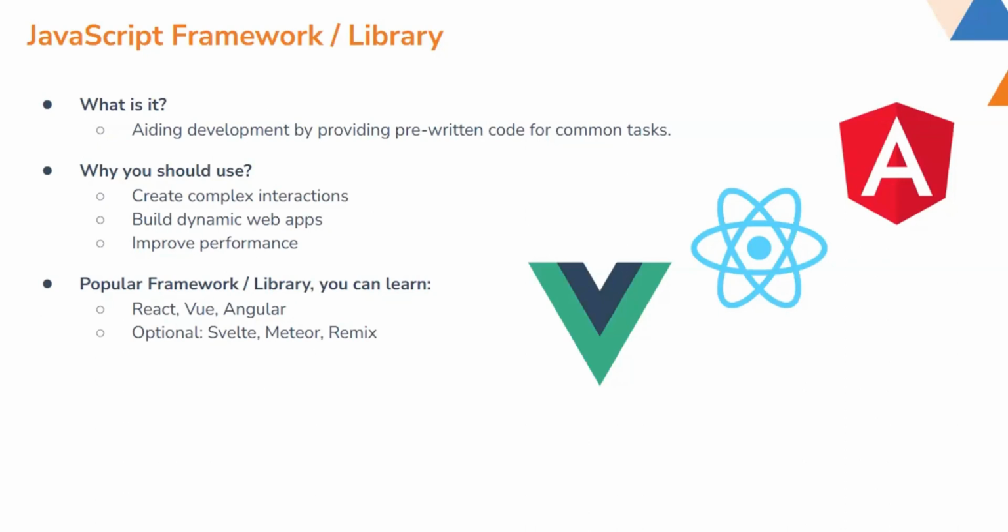React is widely used by Facebook and is known for building reusable UI components, and is great for creating fast and interactive user interfaces. Additionally, you might explore other options like Svelte, Meteor, and Remix, each offering unique approaches and advantages for building web applications. Learning a JavaScript framework or library empowers you to build more sophisticated web applications with less effort, improved performance, and enhanced user experience.